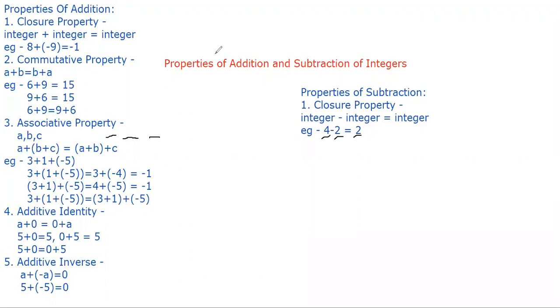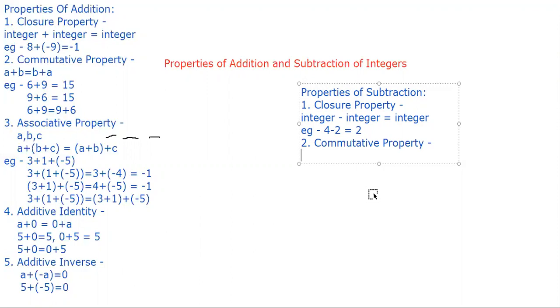I will write the second property. These properties are something which you need to understand. This is nothing but the commutative property. Now here you will think that this is wrong. But I just want you to understand that we say the commutative property in addition is a plus b is equal to b plus a.